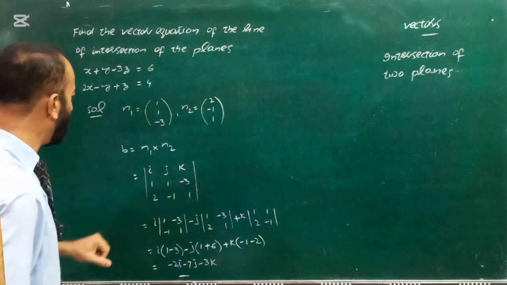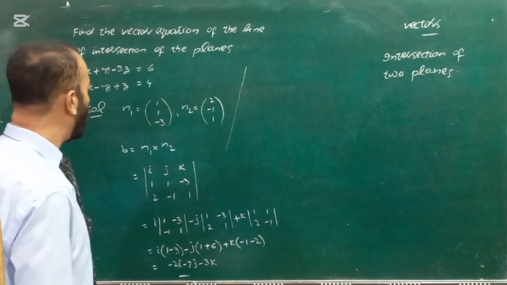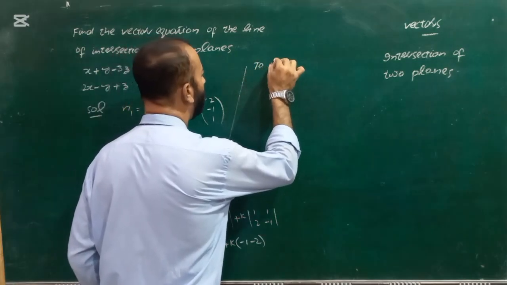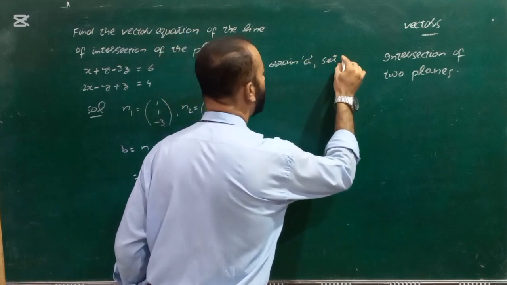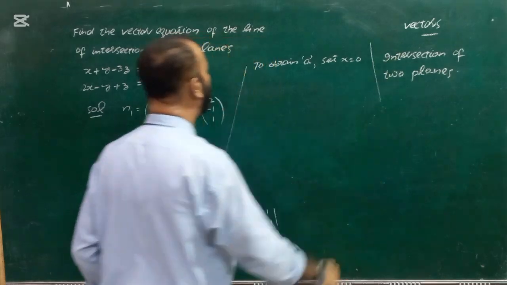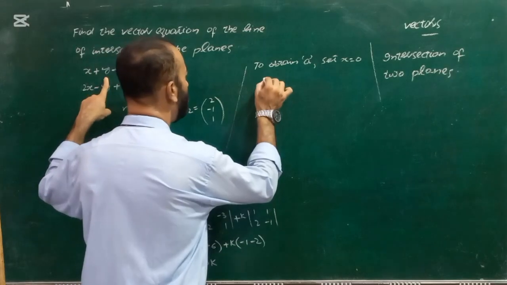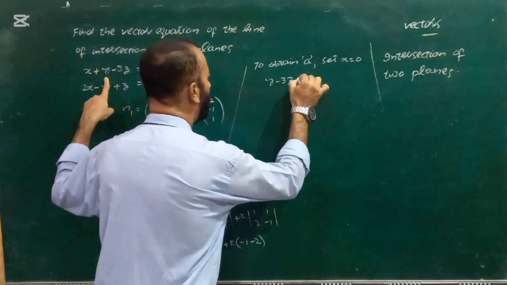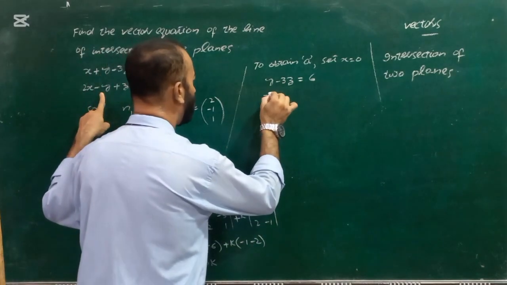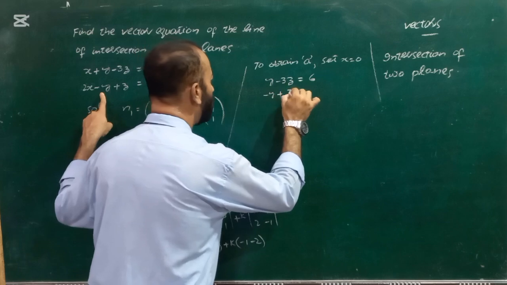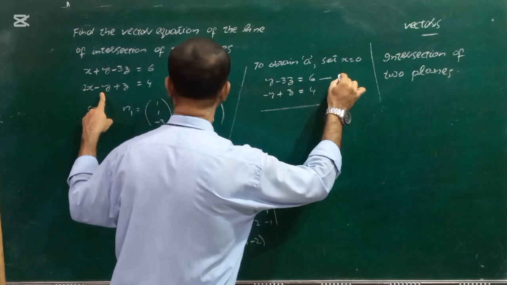So this is the direction vector of the line that will intersect the two planes. Okay. Now to obtain A, set x is equal to 0 in the planes. So the equations will become y minus 3z is equal to 6 and minus y plus z is equal to 4. This will be equation number 1 and 2.